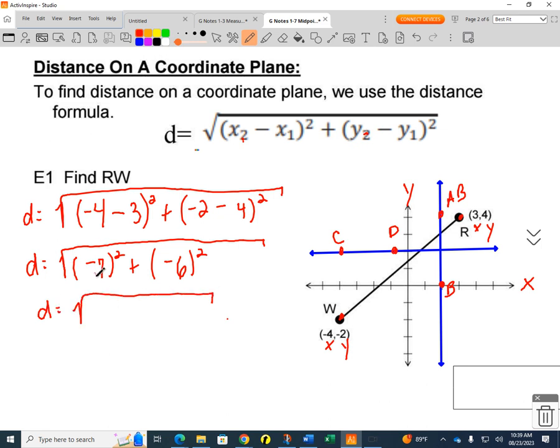Negative 7 squared is positive 49, plus negative 6 squared, positive 36. So now I'm going to add them together. And in D, the distance between point W and point R is the square root of 85. And we're going to do that on my calculator. I think it winds up being 9.21 something. We're going to round to the 10th place for now.